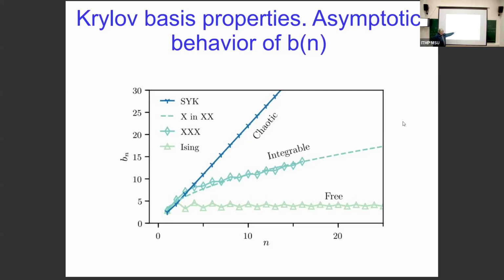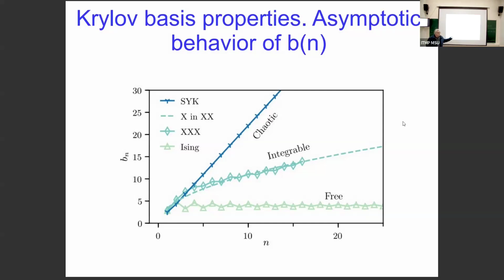We consider different chaotic systems and evaluate the asymptotics of the Lanczos coefficients, and when you get linear behavior, it corresponds to chaotic. Square root behavior is integrable. It has been shown that the behavior of the Lanczos coefficients can be traced to the behavior of spectral form factors. It's another way to recognize different systems in terms of spectral form factors.